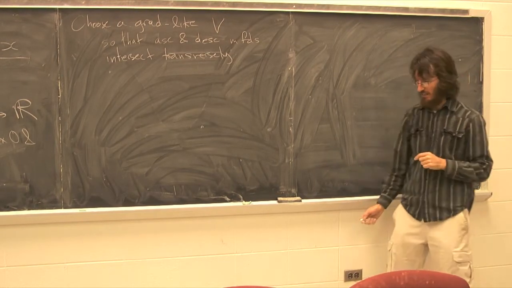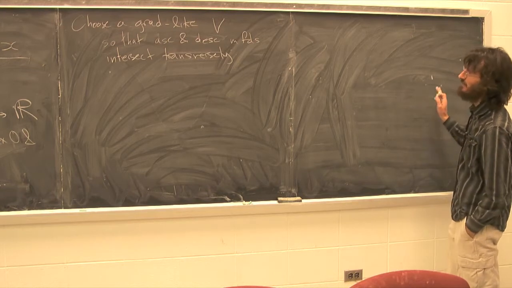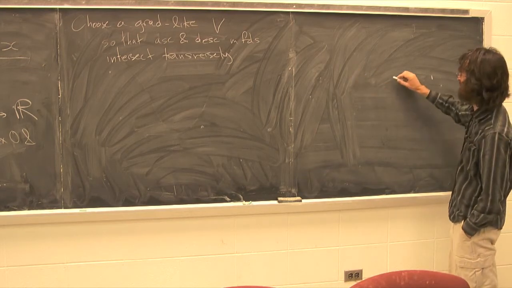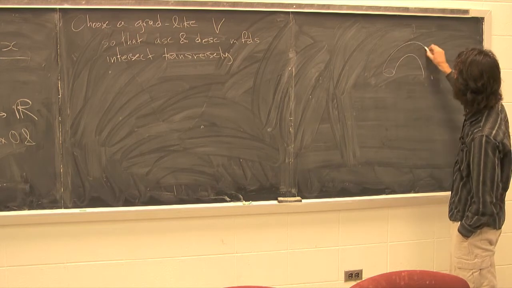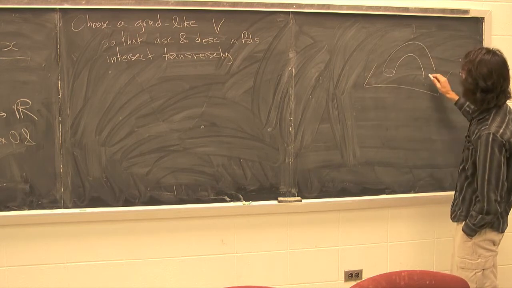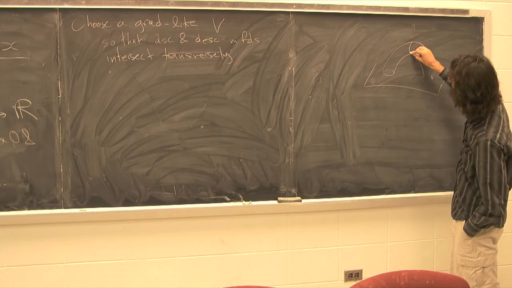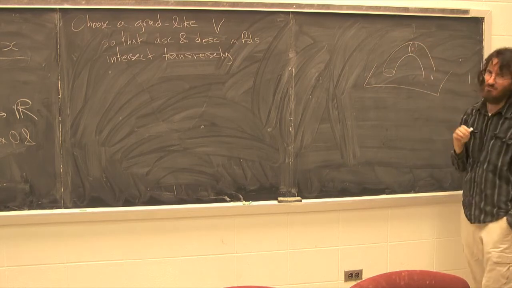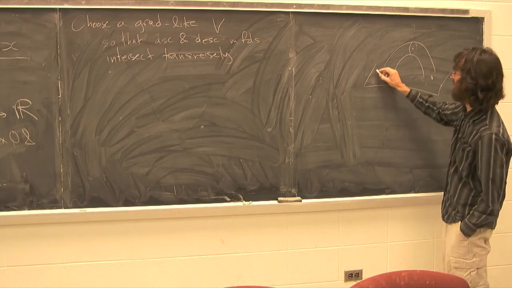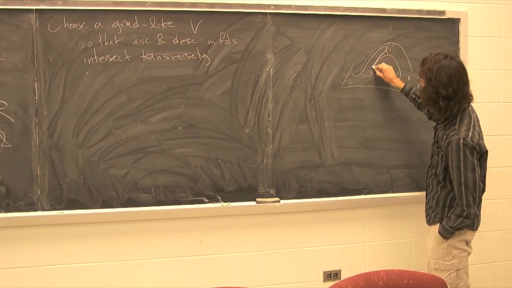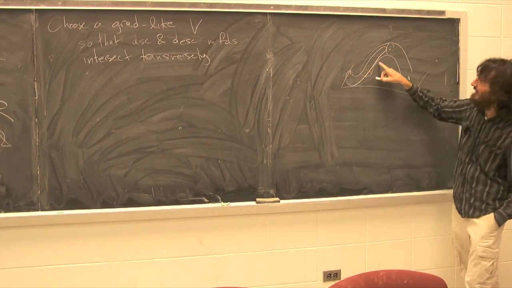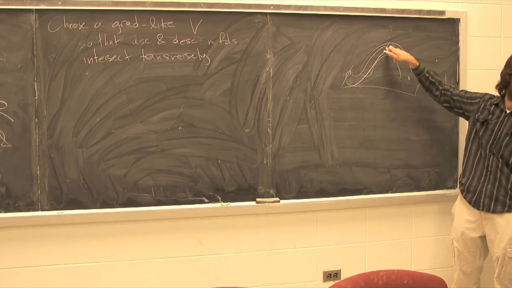Because I'll come back to the exercise in a second, but I could have a one handle like this, and then I could have a two handle, and here's the ascending manifold for the index 1 critical point. And I could have a two handle whose attaching map does something like that, attaching sphere and hits it at one point.